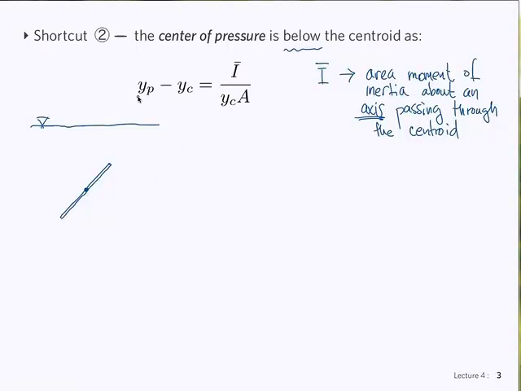So now, instead of using H, so H is over here, HC, I'm looking at a slant distance from the surface, Y. This is a coordinate that goes in the plane of the surface.